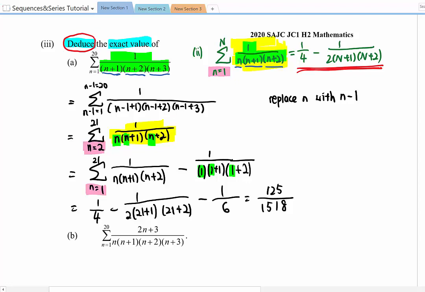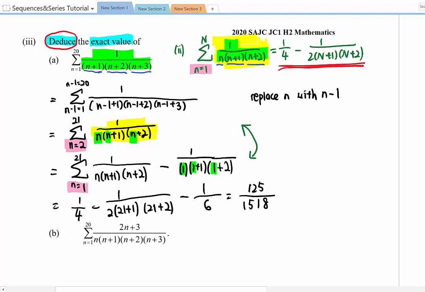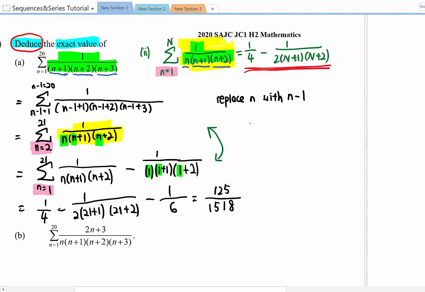All right, I know some of us will be a bit confused with this working here, so maybe let's just write things down clearer for our own understanding. Right, so here in this case we are summing up from the second term to the 21st term, whereas in the next case we are summing up from the first term to the 21st term.